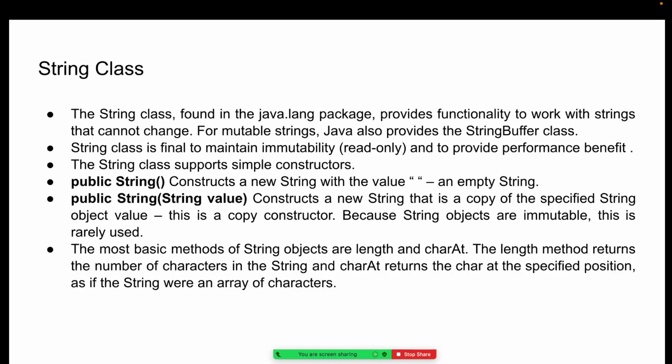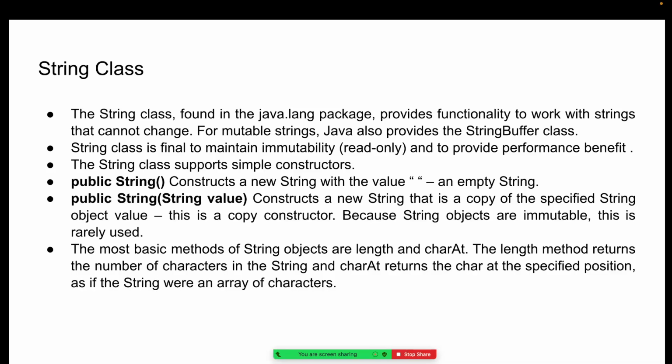The final keyword had three usages. If a class is marked as final, that class cannot be inherited. If a method is marked as final, that method cannot be overridden. And if a variable or a data member is marked as final, its value is constant. It cannot be changed.